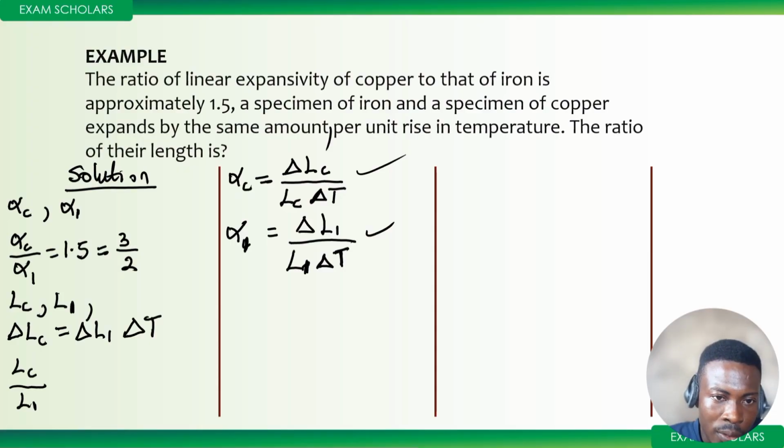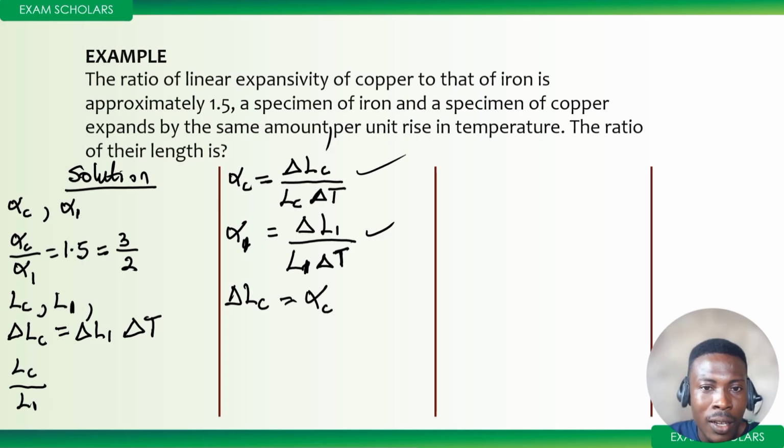According to this question, the change in the length is the same for them, so we can equate the change in length. Now it will be very wise of us to make change in L the subject of formula in the expression for copper and iron. So we have the change in the length of copper is equal to alpha copper L copper change in temperature.